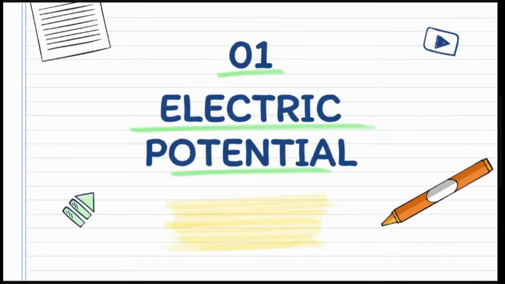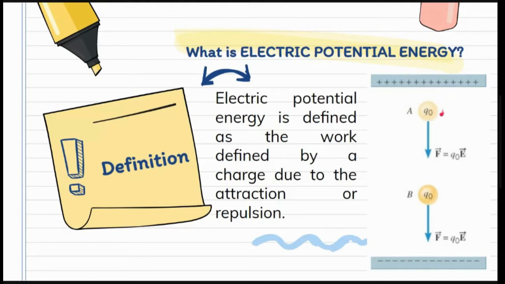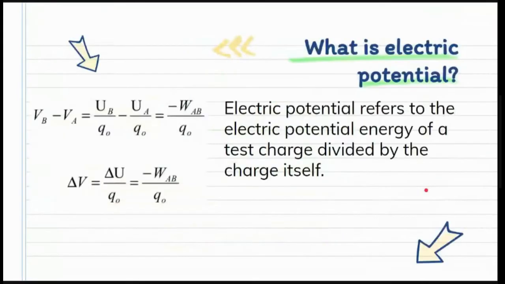Now, if we go back to our illustration here, we have two points, A and B. At point A, there is electric potential energy present. And then at point B, there is also an electric potential energy present. We have tested this electric potential energy by placing a test charge.